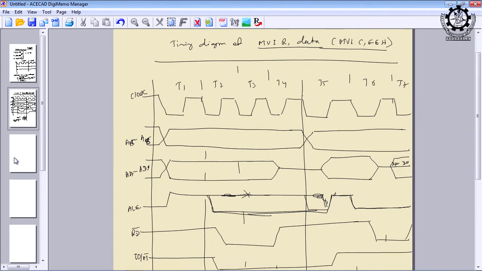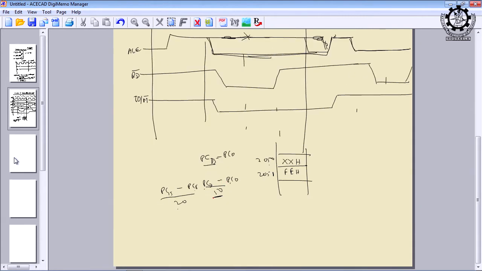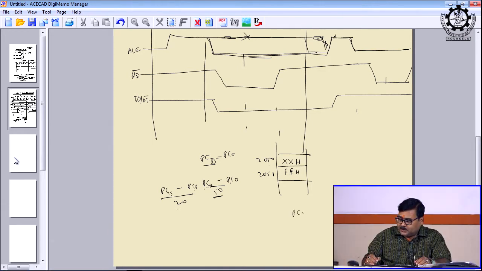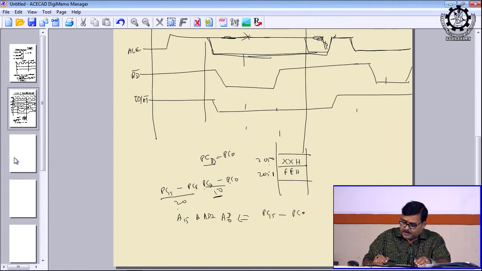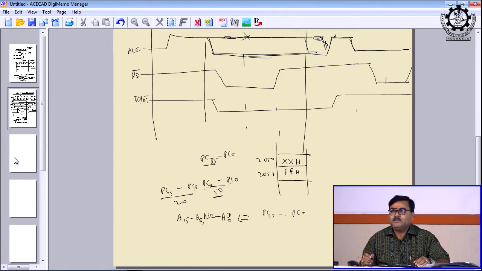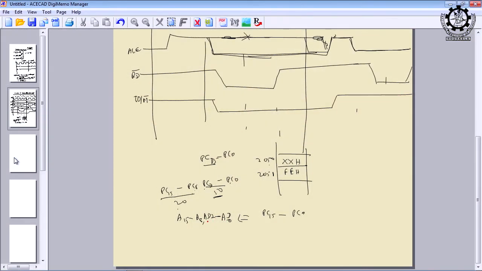Now assume that PC 0 to PC 7 is containing 50, and PC 8 to PC 15 is containing 20, and these PC contents, that is PC 0 to PC 15, will be loaded into A0 to A15, that is AD0 to AD7 and A8 to A15, because the lower order lines, that is AD0 to AD7, are multiplexing both address and data.